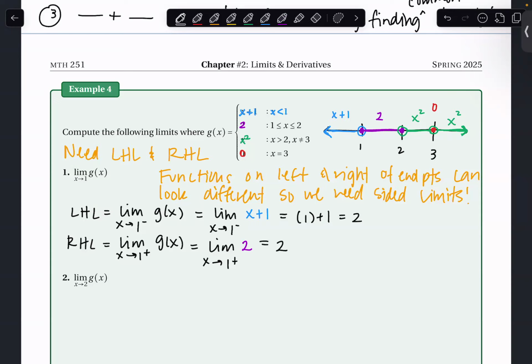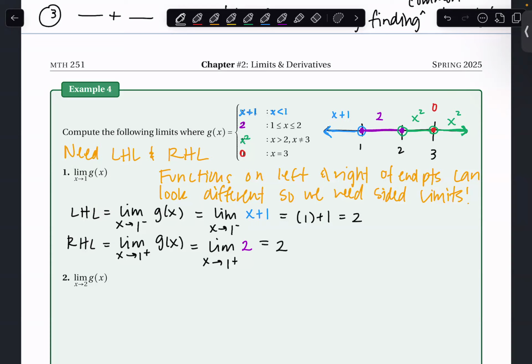Okay, what can I say about the original question that I was trying to answer? What is the overall limit of this function as x approaches 1? Right, they agree with each other, so it has to be exactly equal to 2. If I got 2 different numbers or one did not exist, immediately the overall limit doesn't exist.